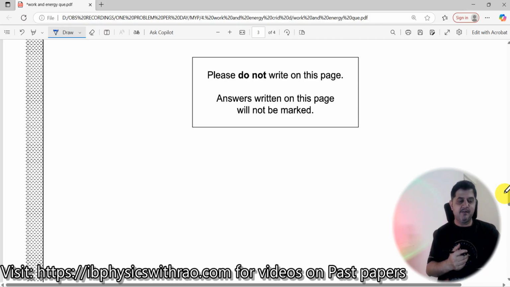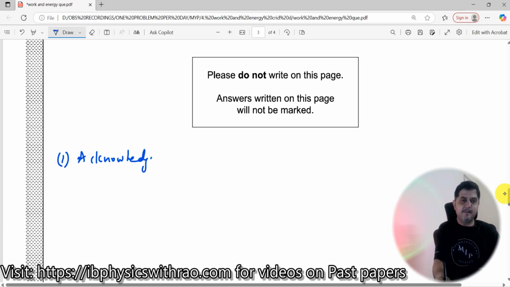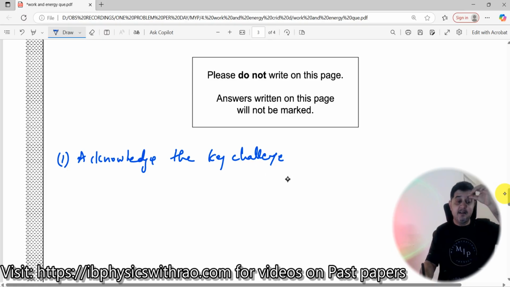So towards it, the first thing is you should acknowledge the key challenge. What's the key challenge? Providing the biggest risk.